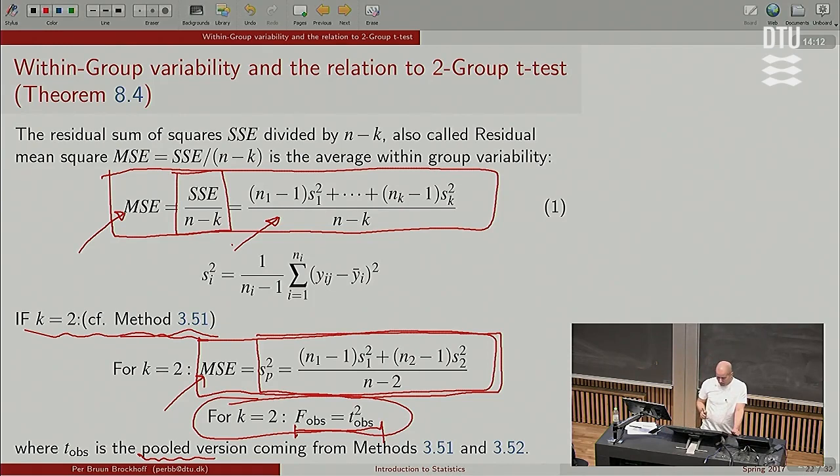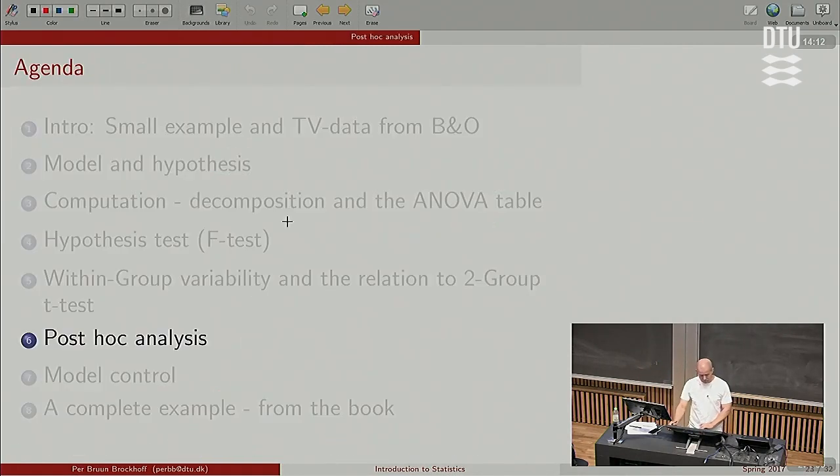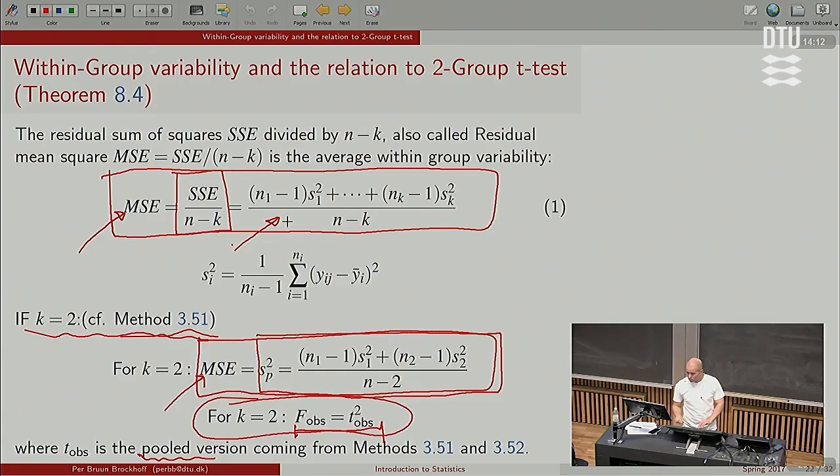Anyway, so we have this link between the 2-sample and the multi-sample case. We need to work with this assumption of homogeneity. That was one point made.